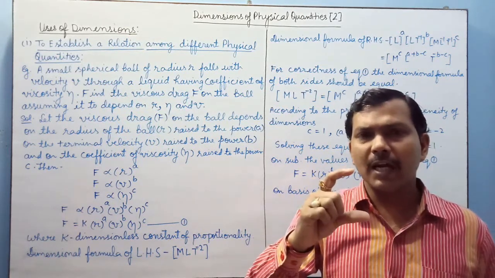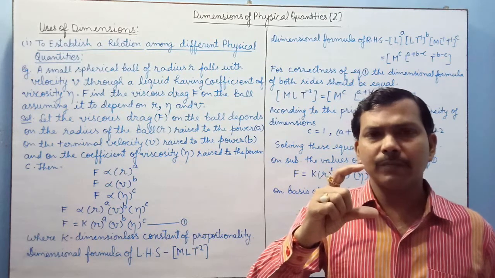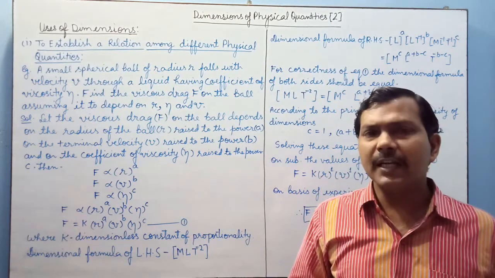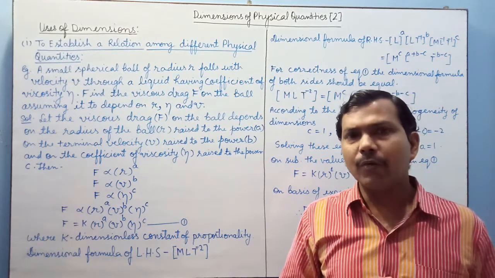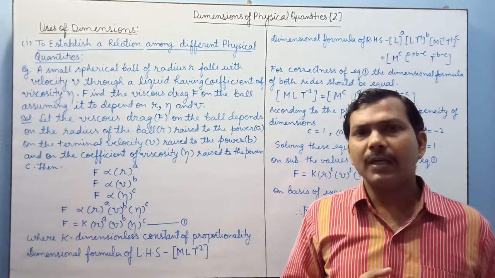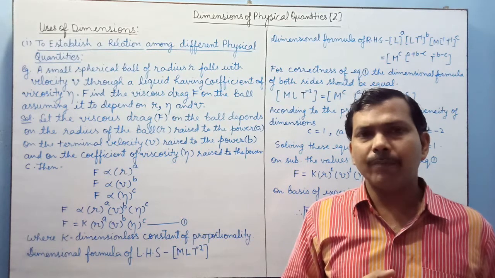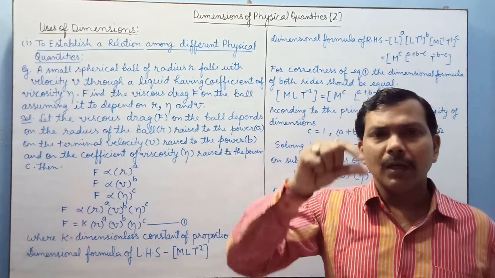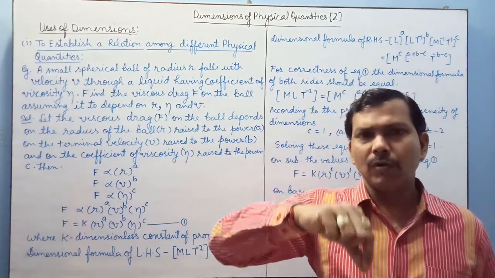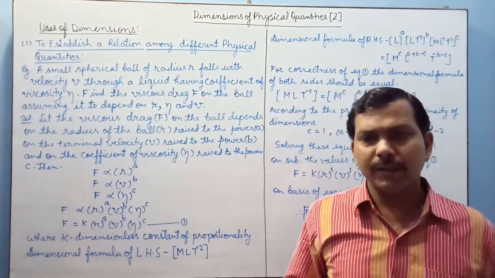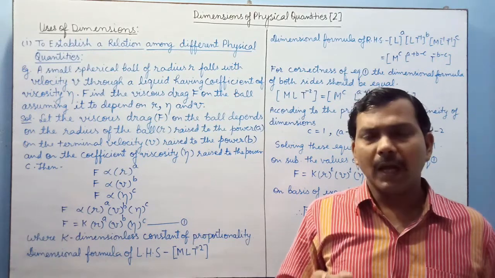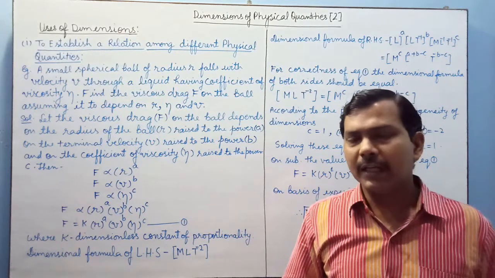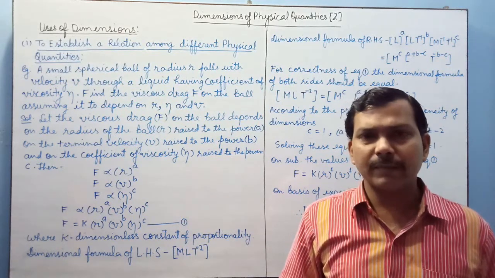This viscous drag acting on the ball depends on three things. First is the radius of the ball, second is the coefficient of viscosity of the liquid, and third is the terminal velocity small v of the ball in the liquid. Now what is terminal velocity? As the ball goes inside the liquid, its velocity increases, and as the velocity increases, the viscous drag acting in the upward direction also increases.